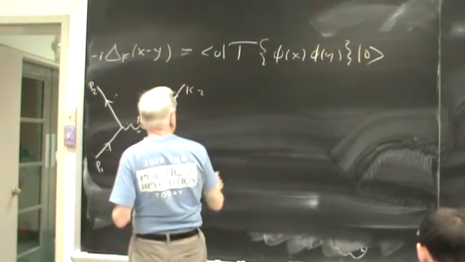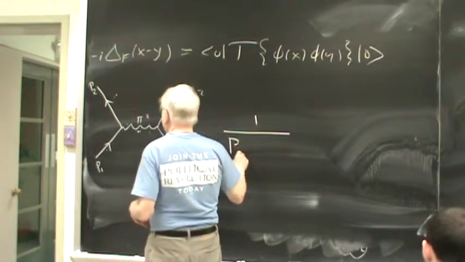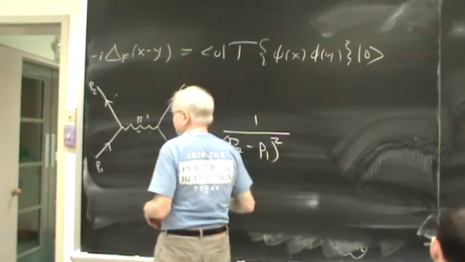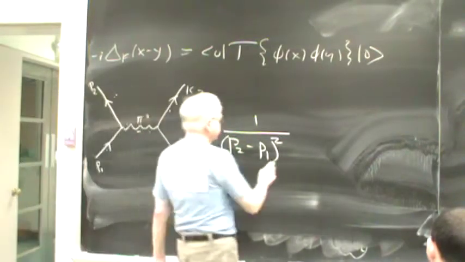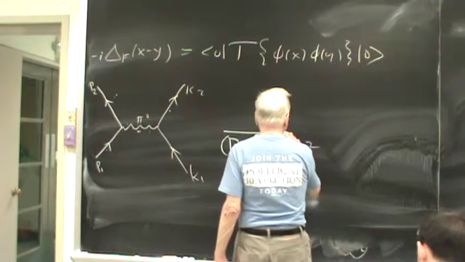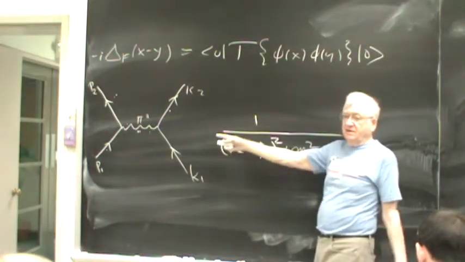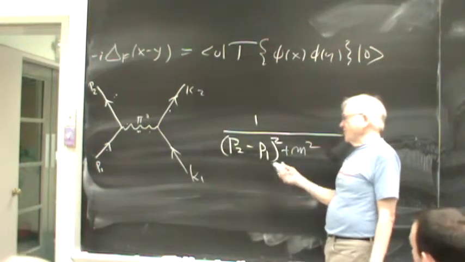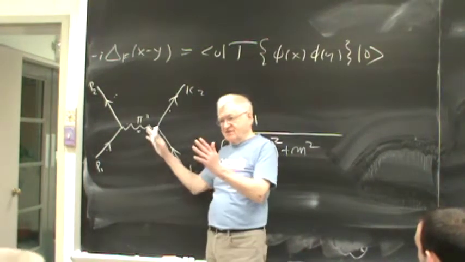And this thing here is going to be 1 over, let us say, (P2 minus P1) squared plus m squared. It's going to be exactly this propagator. And here the minus I epsilon doesn't matter. In diagrams like this, you could forget about the minus I epsilon. So in other words, this propagator gives you the amplitude in momentum space with this calculation.